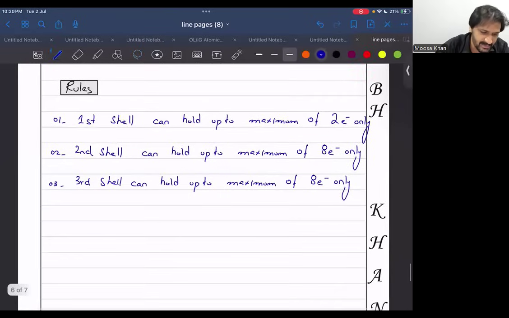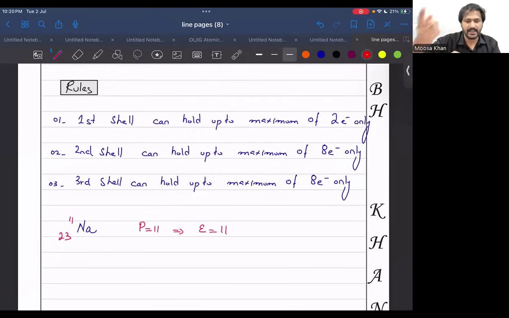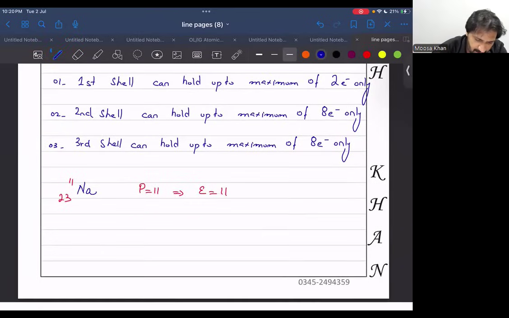For example, क्या मतलब है इस बात का? If we see the structure of the sodium atom, we know sodium has 11 protons as well as 11 electrons. अब ये 11 electrons सोडियम के न्यूक्लियस के सराउंडिंग में रिवॉल्व कर रहा है. The first energy shell or first orbit can only hold up to a maximum of 2 electrons.